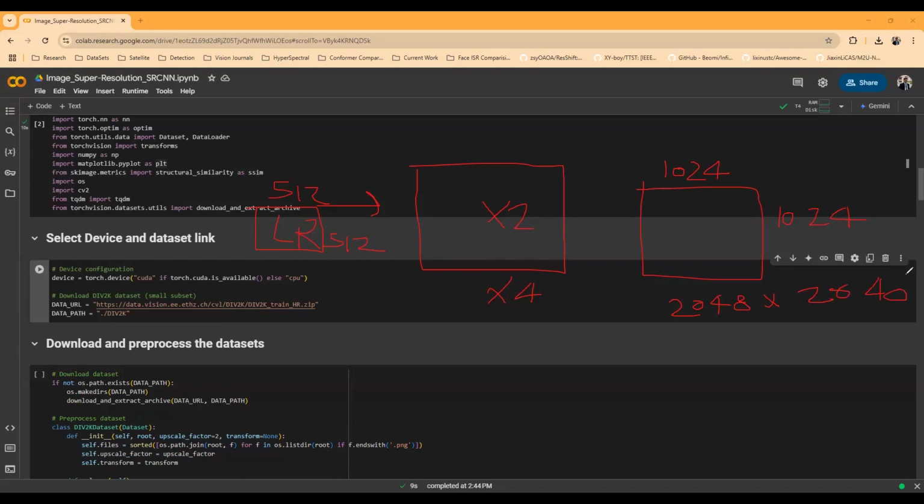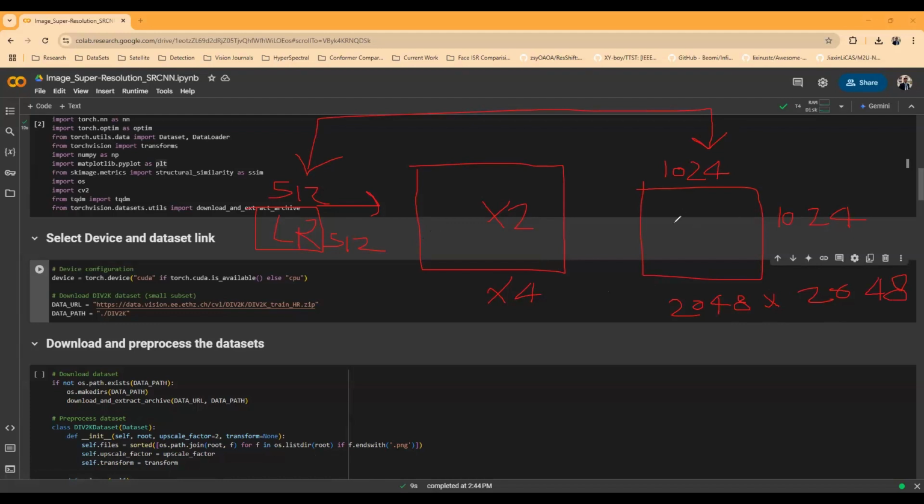So for any deep learning architecture to train successfully, we need this paired data. If the paired data is available, then very nice. If it's not available, then we must create the paired data.